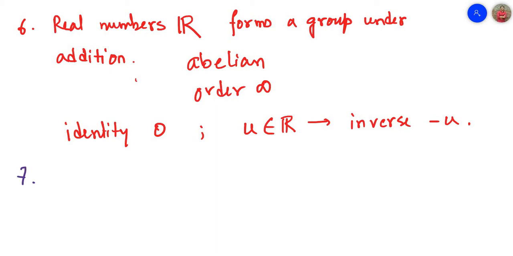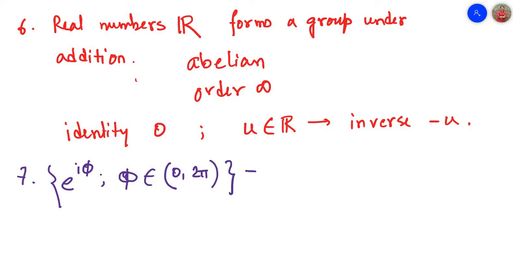Our next example includes complex numbers. So all complex numbers of magnitude 1 can be written as e to the power i phi, where the parameter phi can take continuous values from 0 to twice pi. And this group is called the U1 group.